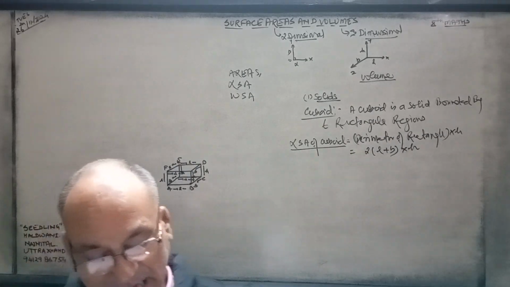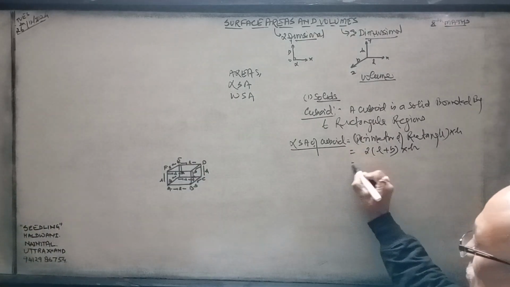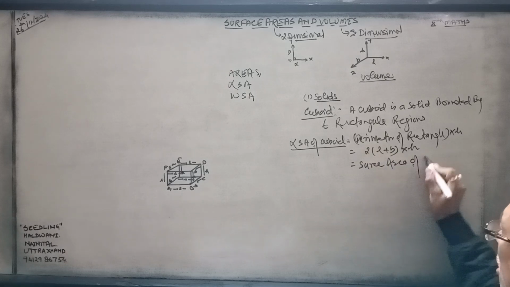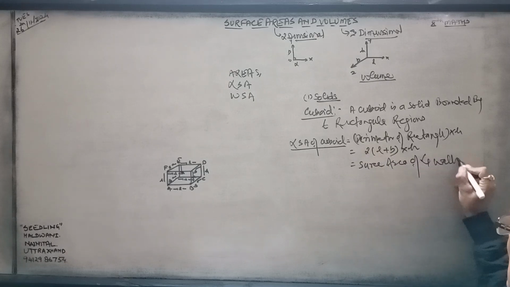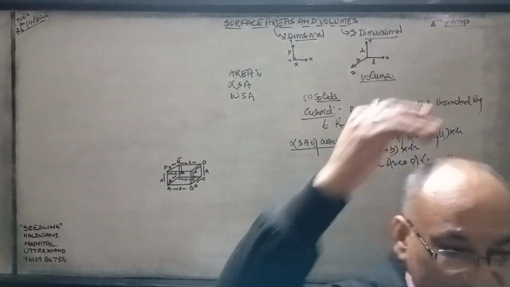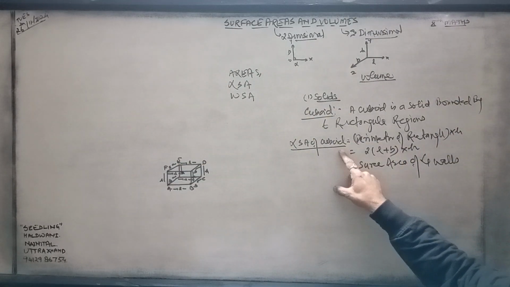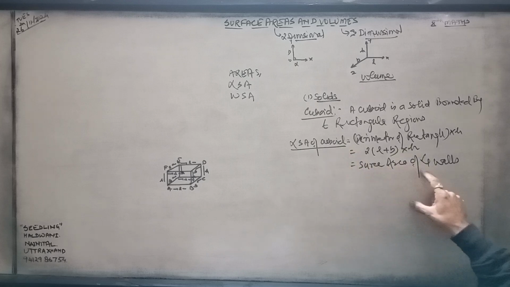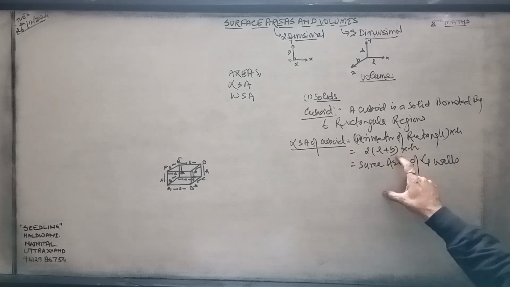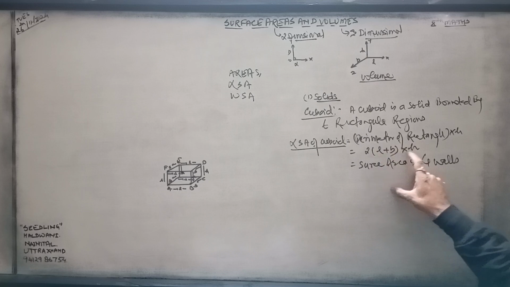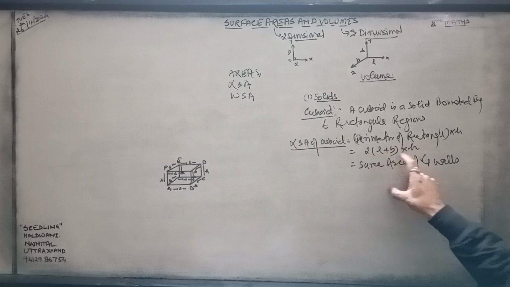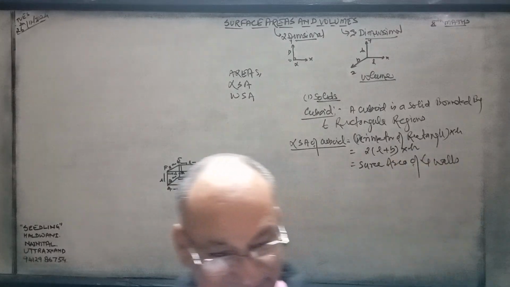And this is equal to the surface area of 4 walls. 1 wall, 2 walls, 3 walls, 4 walls. So the lateral surface of a cuboid is also the surface area of 4 walls, and that formula is 2L plus 2B into H. When you take 2 common, it becomes 2 into (L plus B) into H.